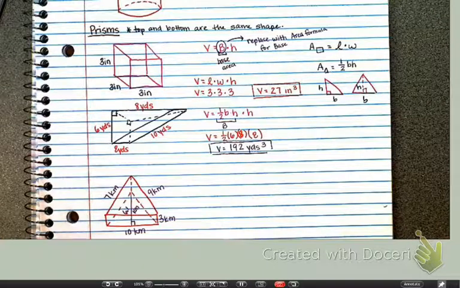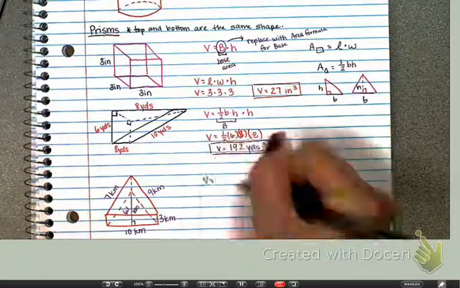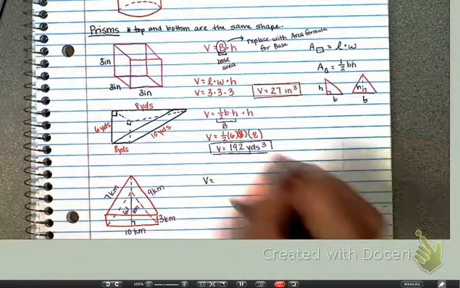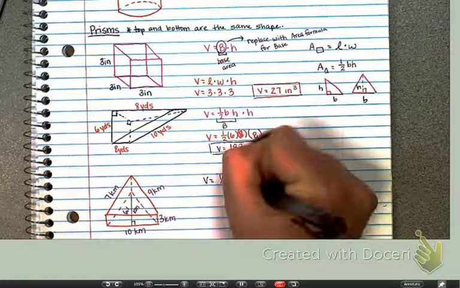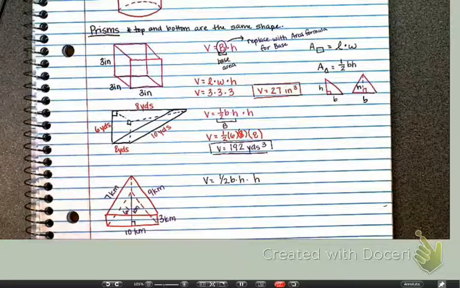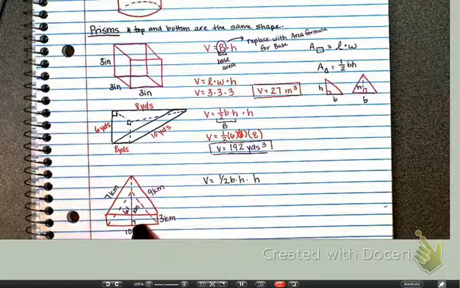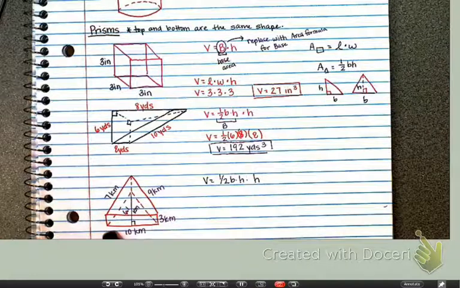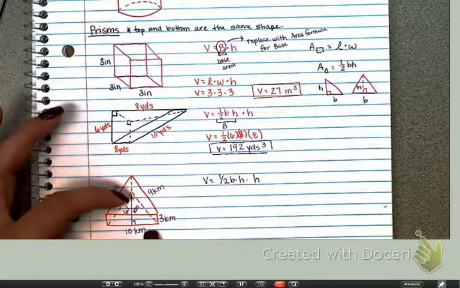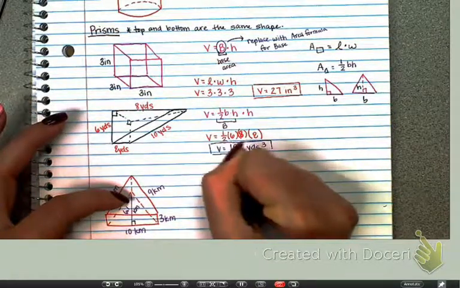I want you with your group to see if you can come up with how it goes into the formula. So, volume is, because it's a triangular base, 1/2 the base times the height of the whole thing. When you're finding the base and the height of the triangle, you are looking for where it creates a 90-degree angle. Here is the only 90-degree angle I see. So 10 and 6.1 should be your base and your height.